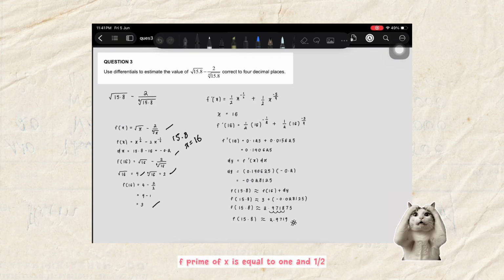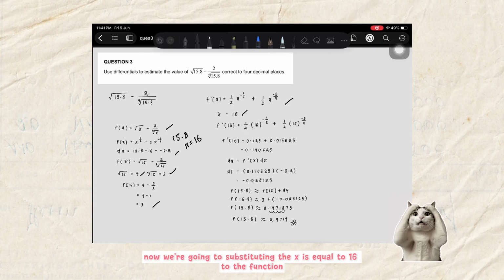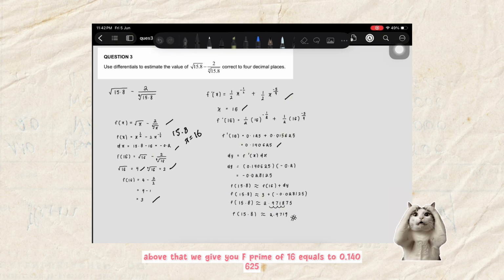Now, I differentiate the function using the power rule. f prime of x is equal to 0.5x to the power of negative 0.5 plus 0.5x to the power of negative 5/4. Now we substitute x equal to 16 into the function above. That will give f prime of 16 equals 0.140625.